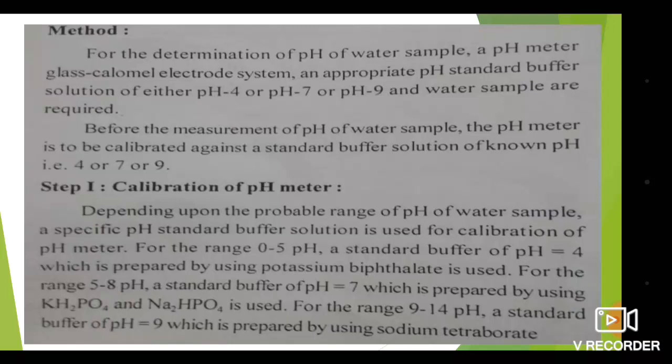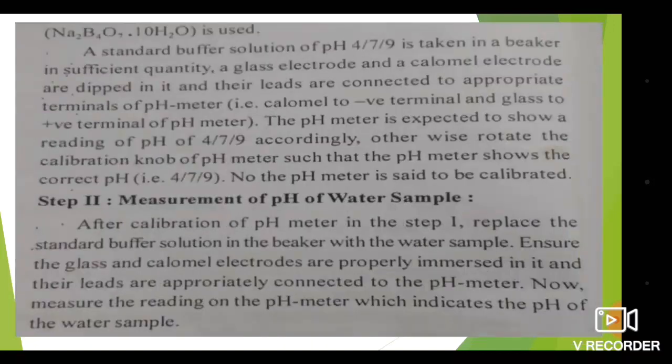If you are going to measure water whose pH is in the range of 5 to 8, then use the buffer solution of pH 7, which is prepared by using potassium hydrogen phosphate and sodium hydrogen phosphate. And for the range of 9 to 14, use the pH 9 solution, which is prepared by using sodium tetraborate. Na2B4O7·10H2O is the sodium tetraborate.